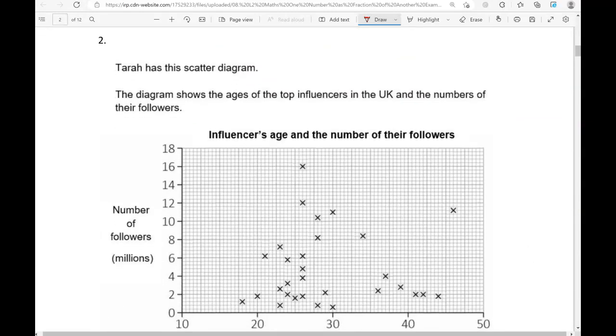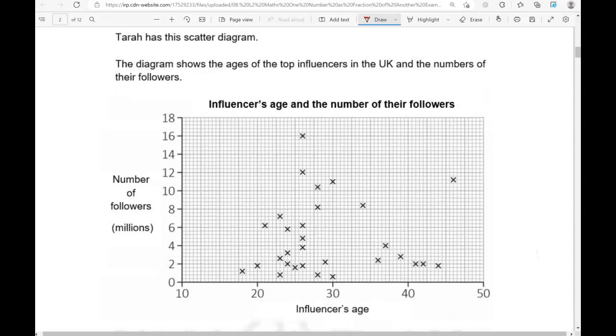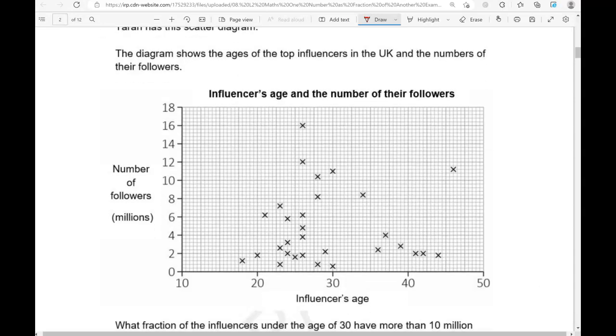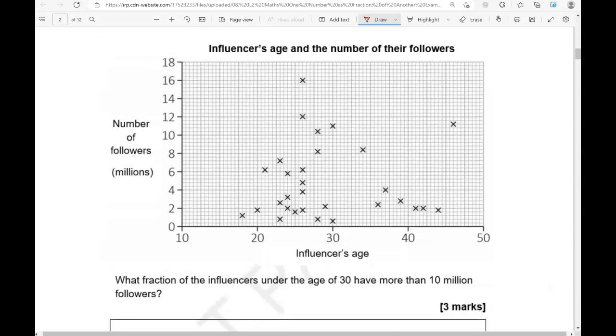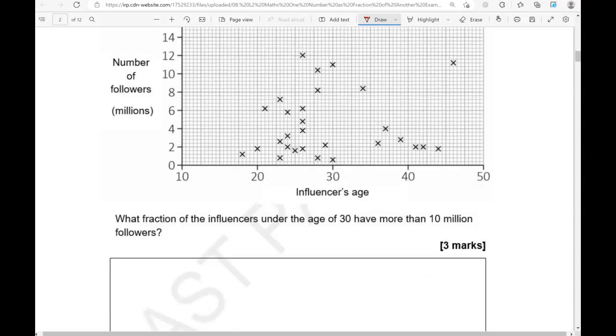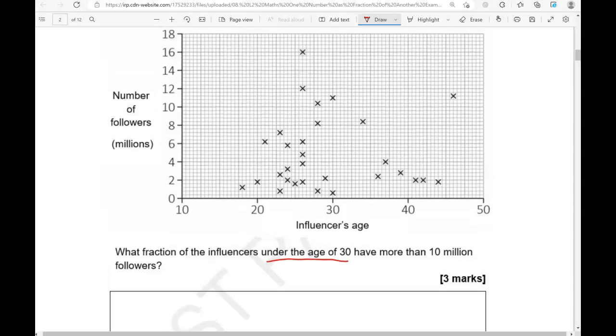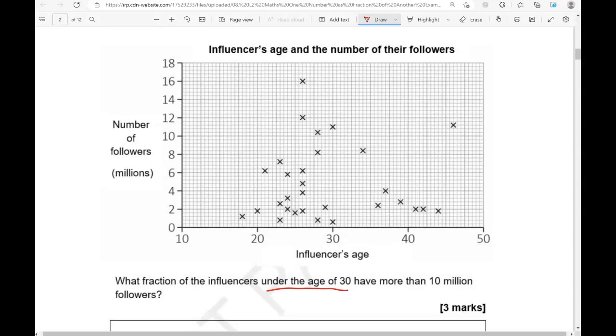Tara has this scatter diagram. The diagram shows the ages of the top influencers in the UK and the numbers of their followers. So we've got influencers' age and the number of their followers. What fraction of the influencers under the age of 30 have more than 10 million followers? So under the age of 30, so this is the cutoff point.